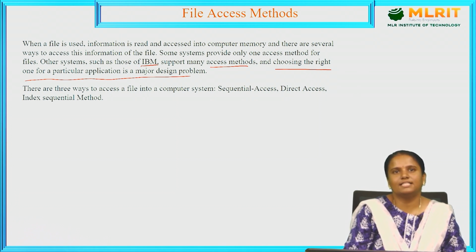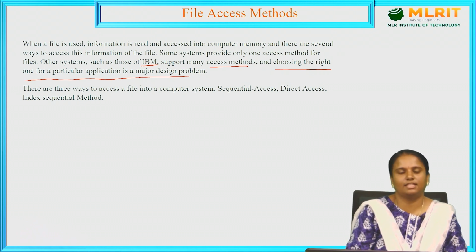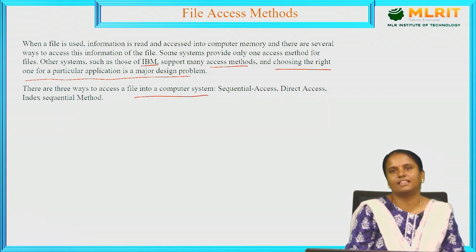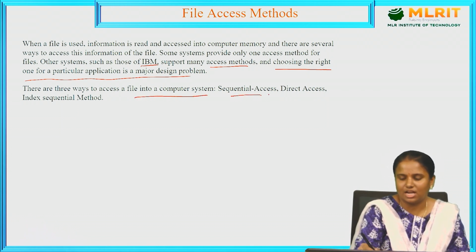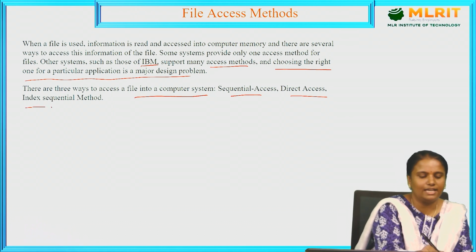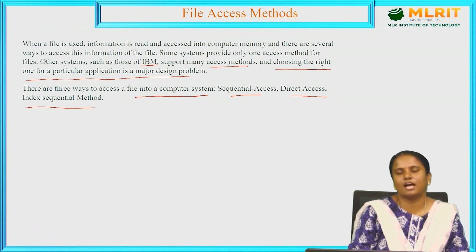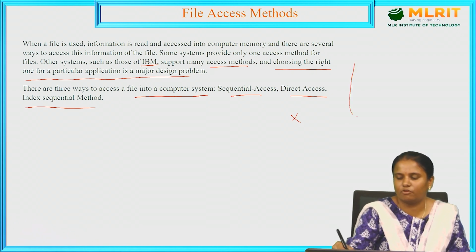Let us see the three file access methods that we are going to describe. There are three ways to access a file in a computer system: sequential access, direct access and index sequential method. Suppose I want to search for some file X, which is present in some folder.